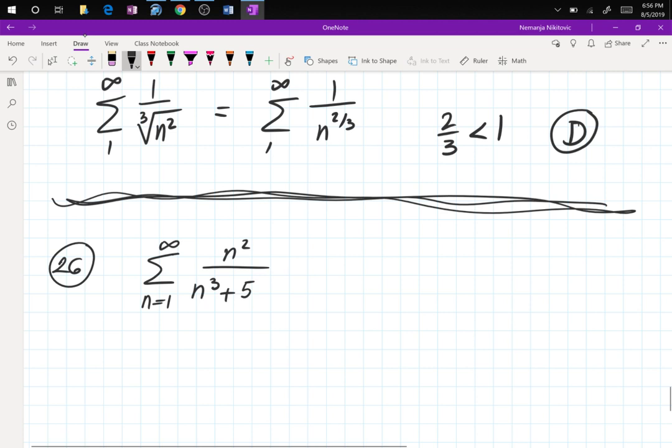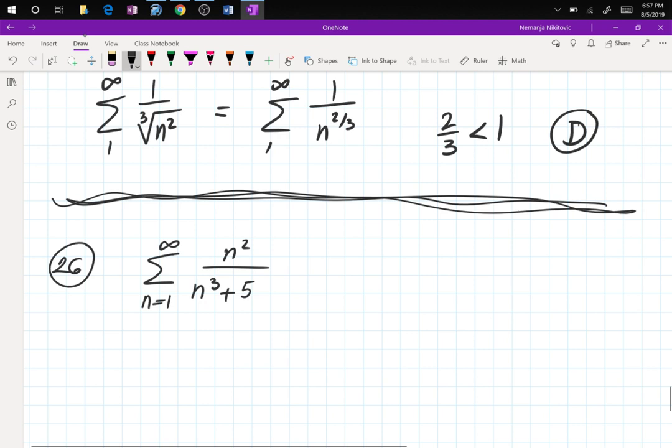You look at this problem and you say, aha, I have n cubed in the denominator, n squared upstairs, I can do U sub. So it seems that I can integrate this. If any of the 3 conditions fail, I have to abandon this method.